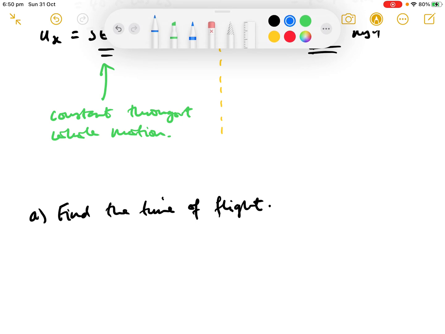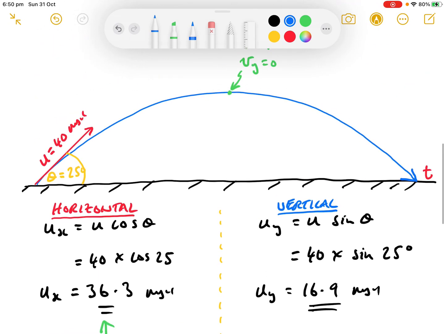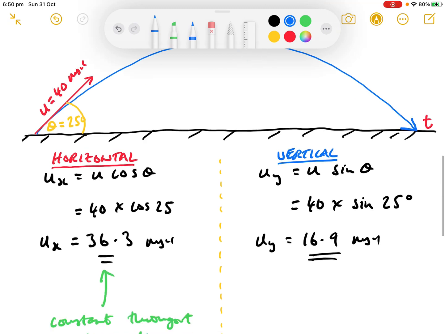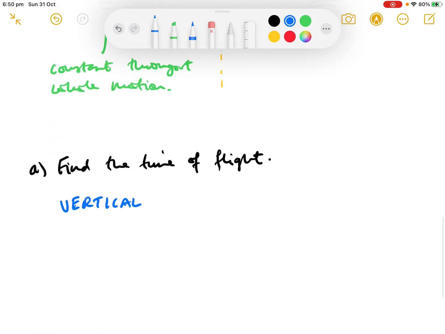So we write the word vertical. And now we've got to decide, are we going to work with the whole motion, or just the first half, or just the second half? And in this case, it's as well just to work with the whole motion. So I'm going to say that.